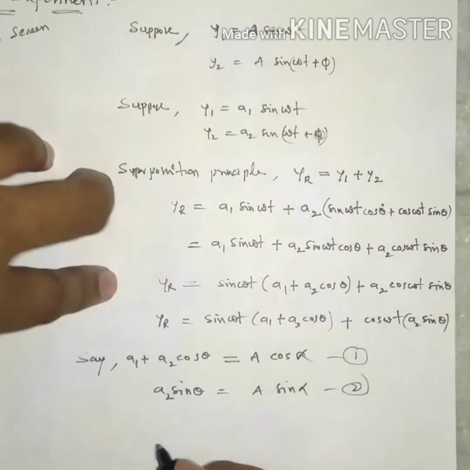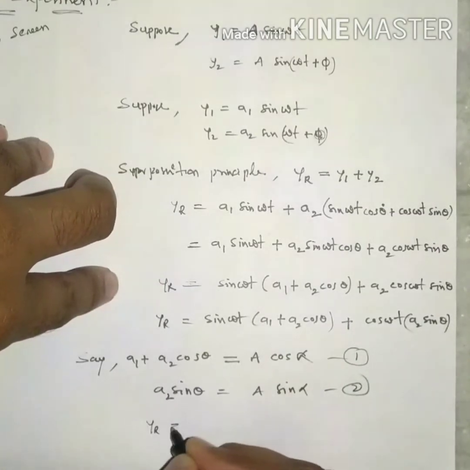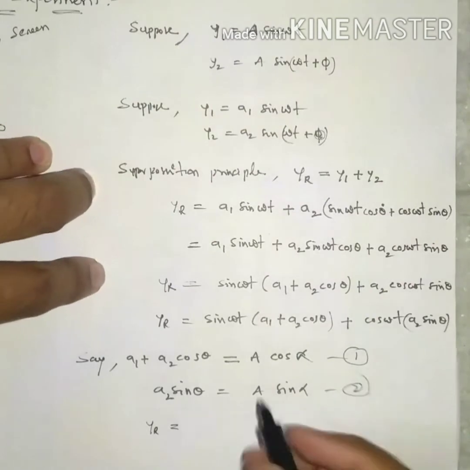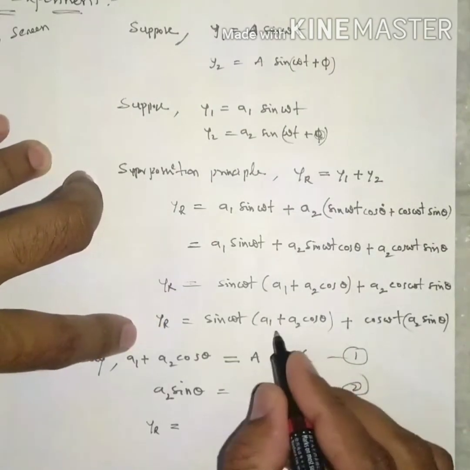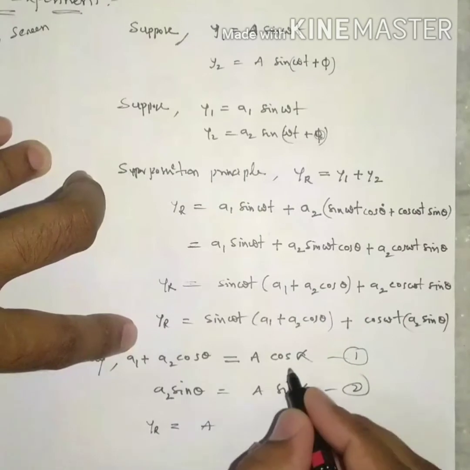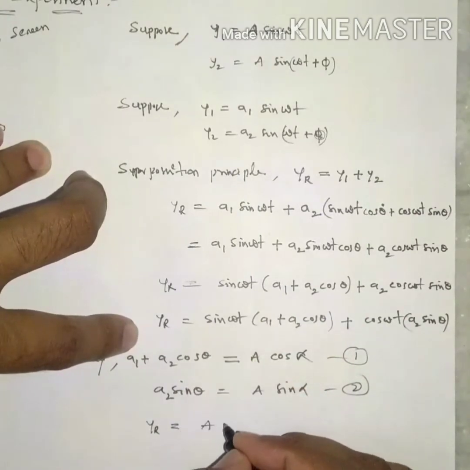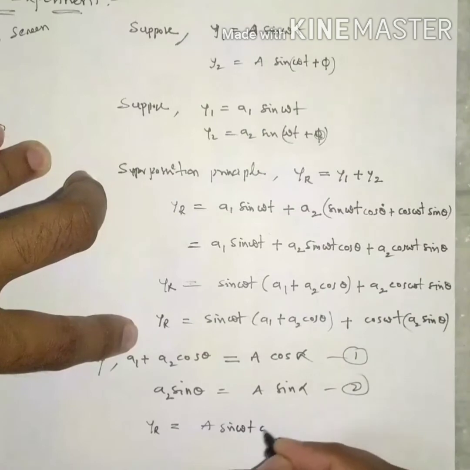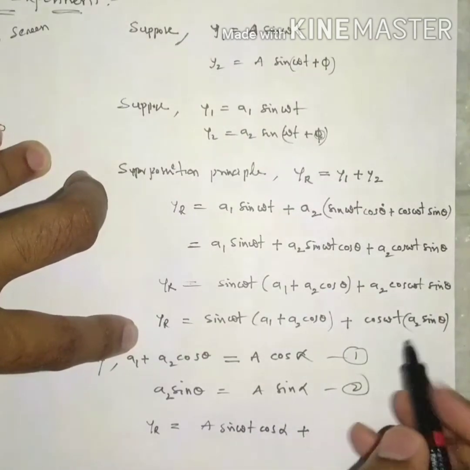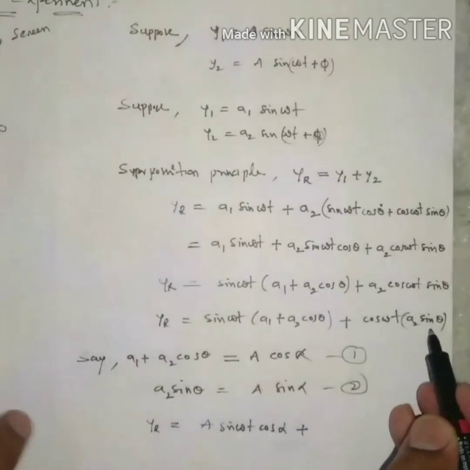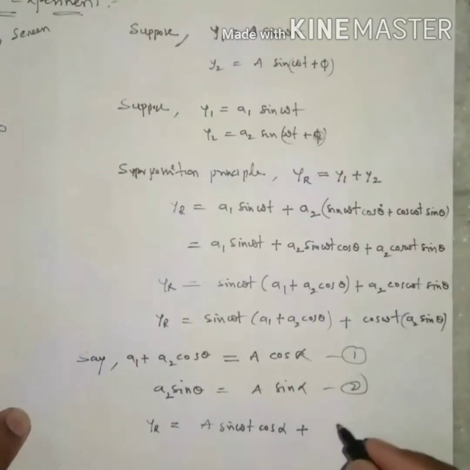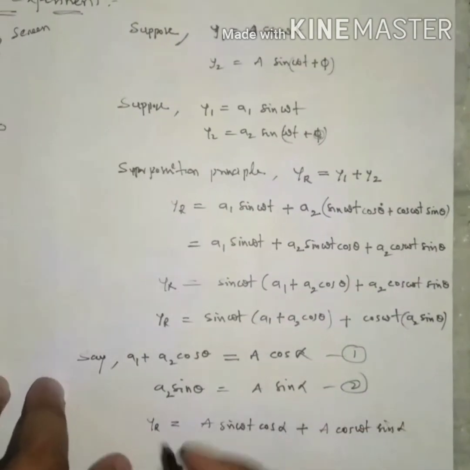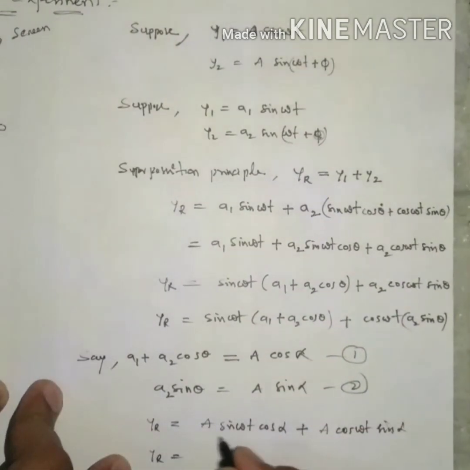Substituting here, y_r is equal to, in place of (a1 + a2 cos θ) we write A cos α, so A sin ωt cos α, plus in place of a2 sin θ we write A sin α, so A cos ωt sin α.